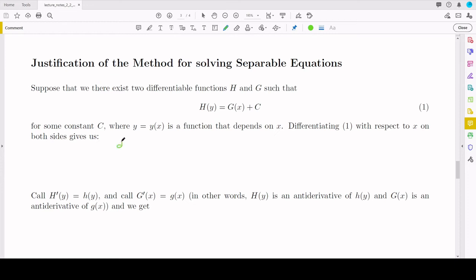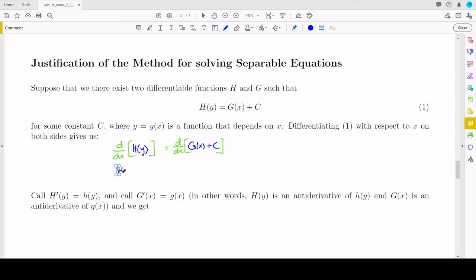So I'm going to have d/dx of H of y equals d/dx of G of x plus c. On the left hand side, we're going to have to use the chain rule.